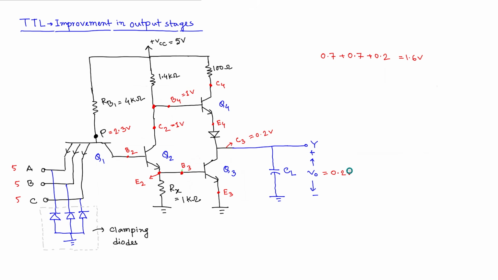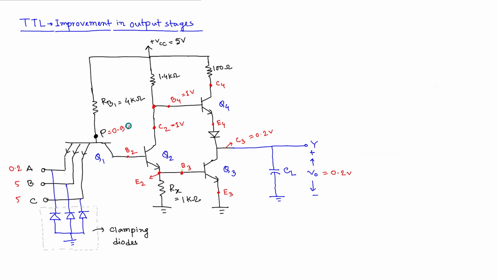Now we will try to change the input and look at how the circuit behaves. Let's say I suddenly change one of the inputs to 0.2. Then obviously one of the junctions will be forward biased, and as a result the voltage VP at node P will be 0.9.